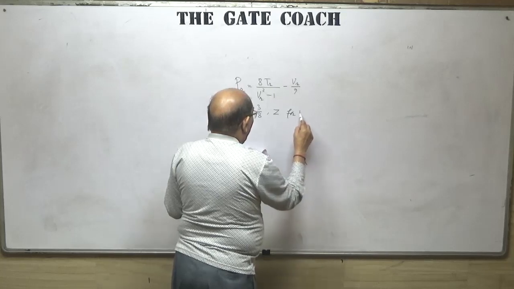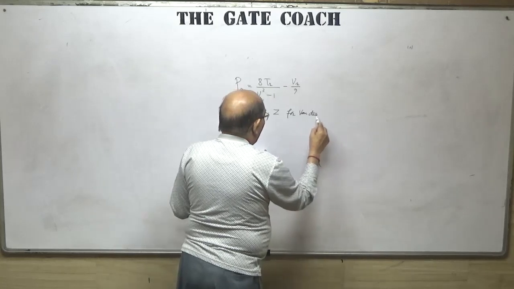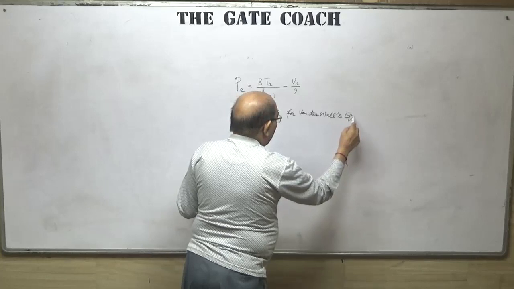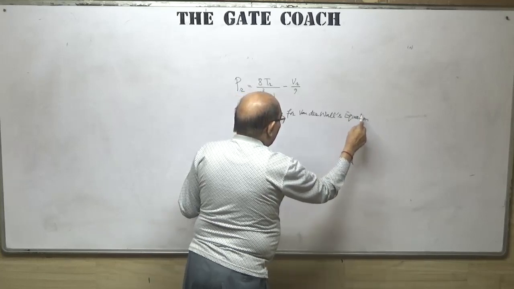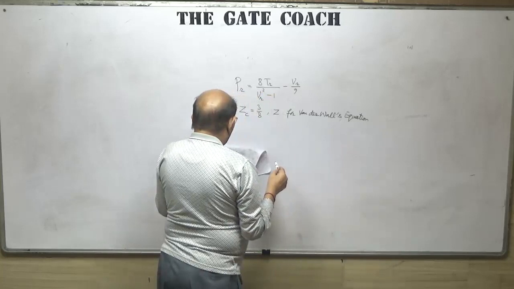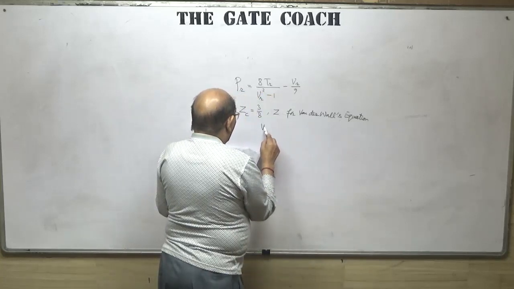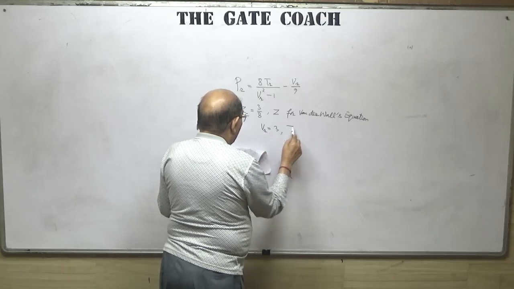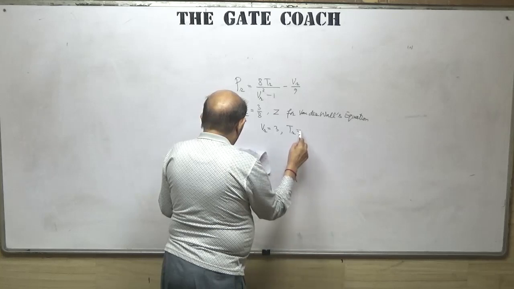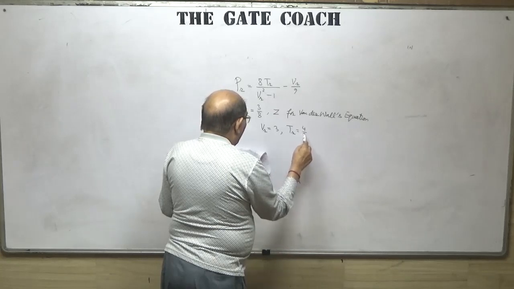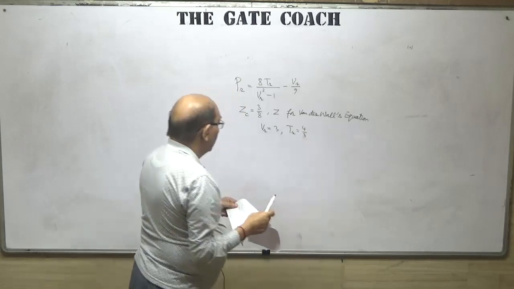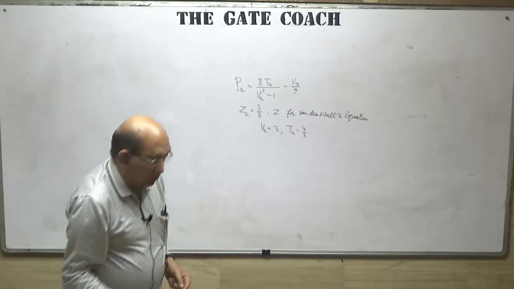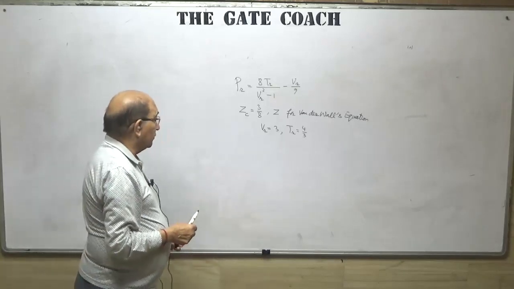Pr, Vr, Tr, they are the reduced parameters.